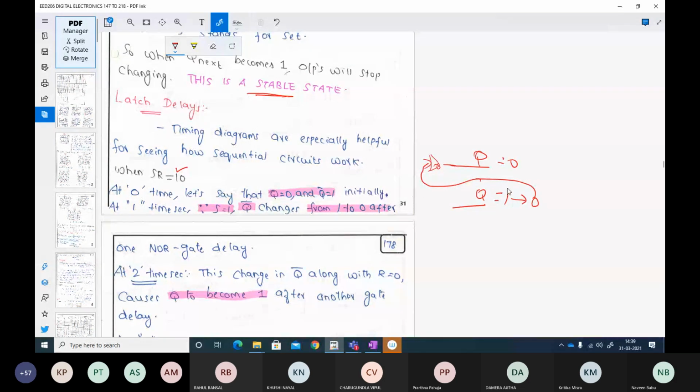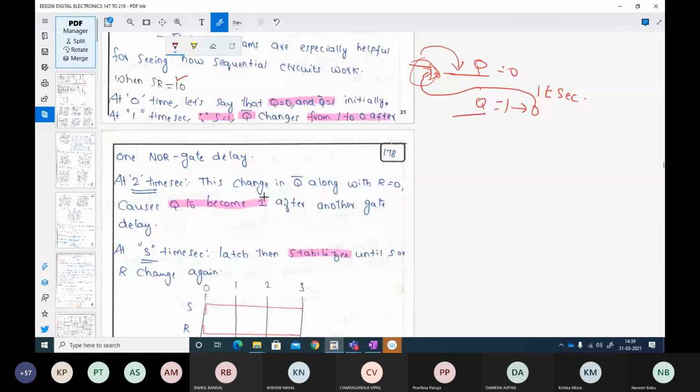Okay, so this will happen in the first time second or first gate delay. In the second time second, whatever input is across this NOR gate will go to the output. So now this change in Q bar along with this reset input R equal to 0 will cause a change in Q equal to 1.